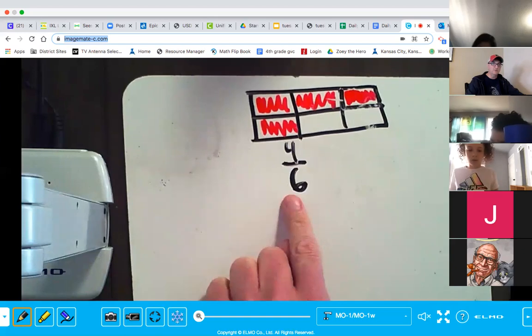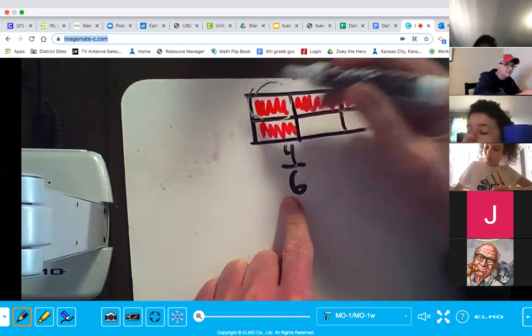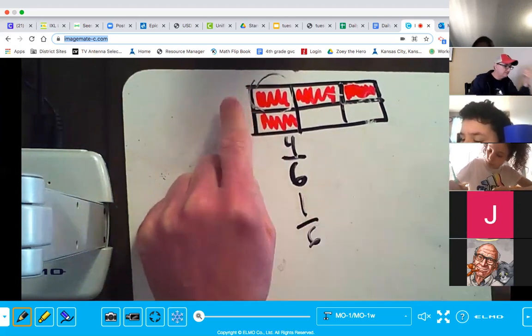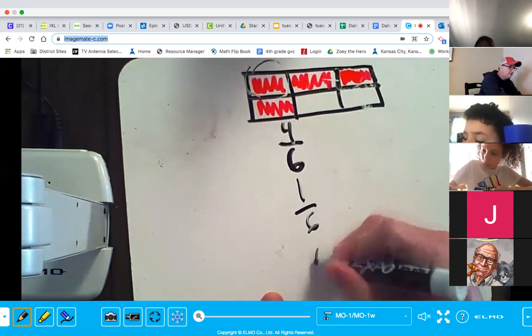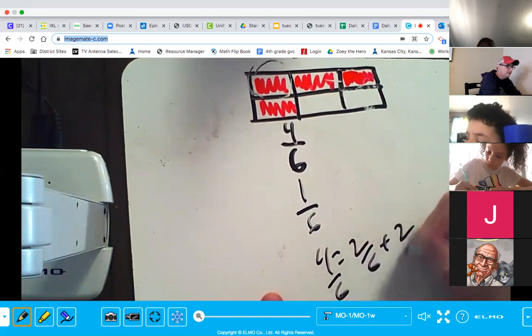Now a unit fraction. With this, we're working with 6. Remember, unit fraction, I'm asking what's just one of these parts? Well, one of these parts would be 1/6. So the unit fraction is 1/6. And then a way to decompose it: 4/6 equals 2/6 plus 2/6.